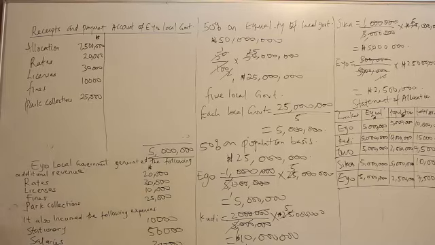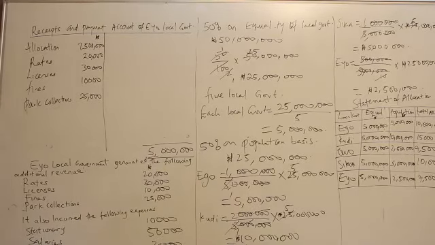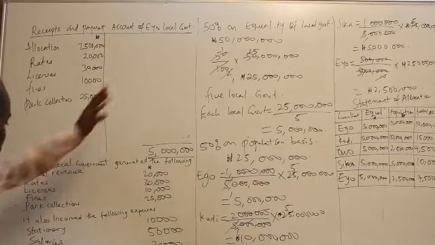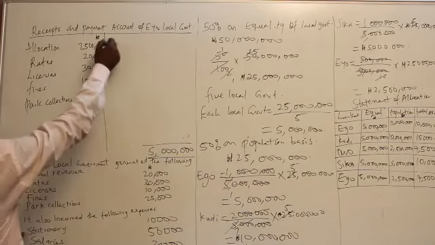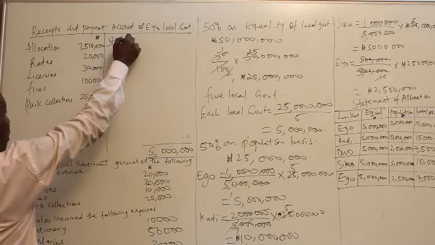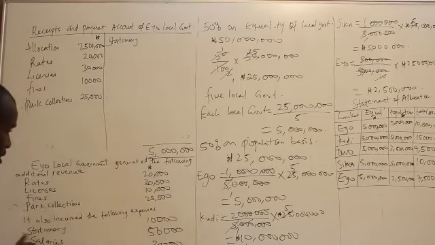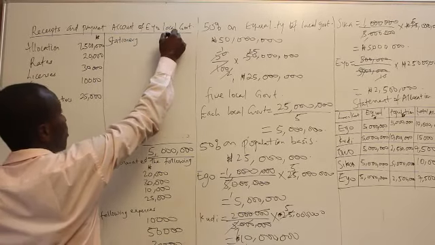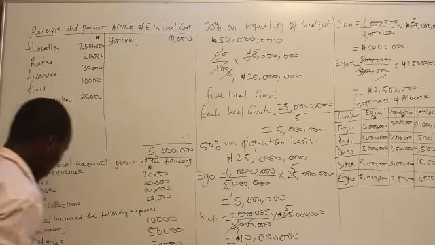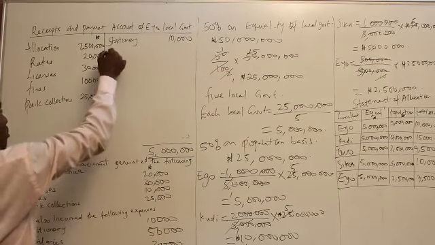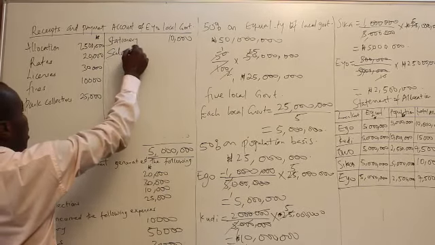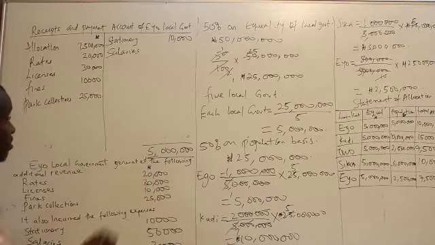So now the payments, you incurred the following expenses. These are payments in the period. You have stationery, 10,000 naira. We have salaries, which is going to be 50,000 naira.